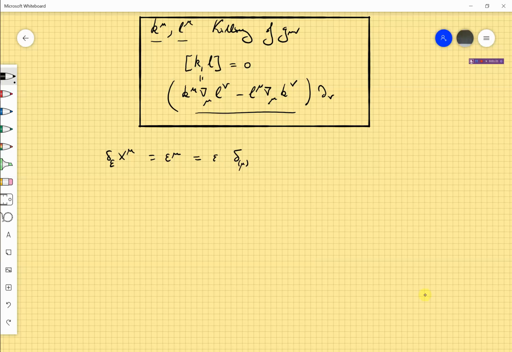This was contracted, so this has to be mu, and then mu, and we said this is the parameter independent part of the transformation.